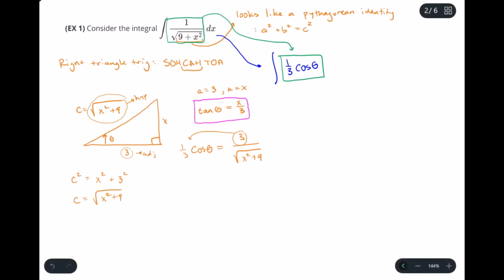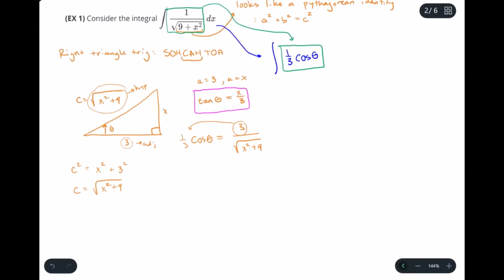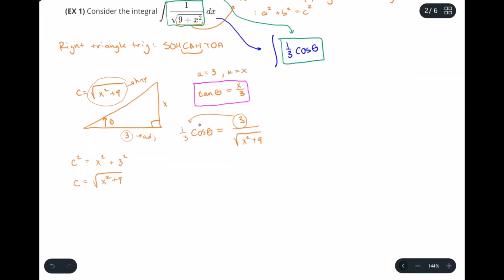Well, I do have a clue right here. Since tangent theta is x/3, I could take the derivative of both sides.